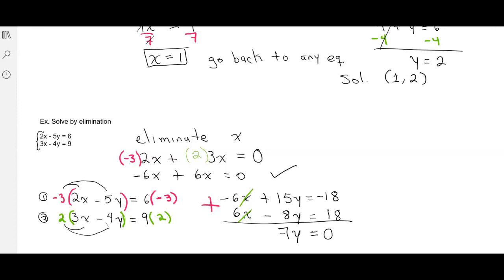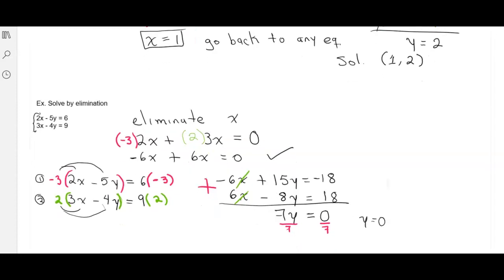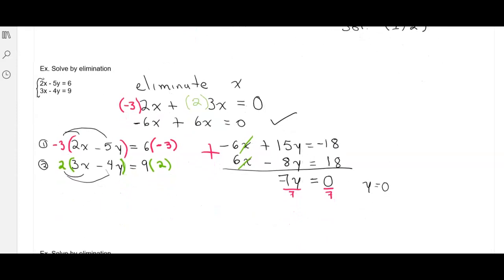Now on both sides we're going to divide by 7. 0 divided by 7 is equal to 0. So I was able to get one of the variables. Now I have to go back to any of the originals.